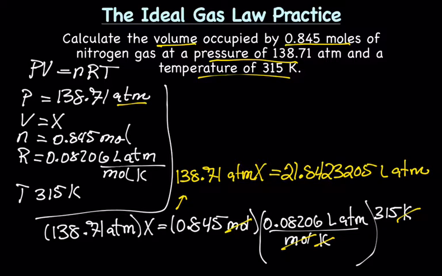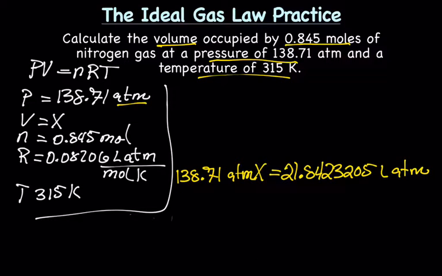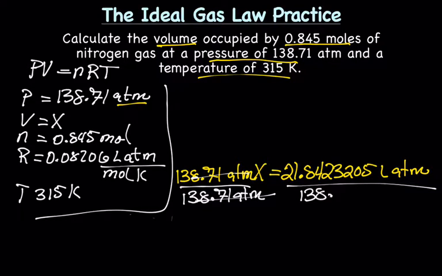All right, so now I'm going to get rid of that bottom stuff so I have a little bit more room to work. So now let's solve for x. We'll do that by dividing both sides by our pressure here. Those cross out, leaving x alone. And our atm pressure units cross out, and we're left with liters, and we were looking here for volume, so we did that right. So now we just need to divide.